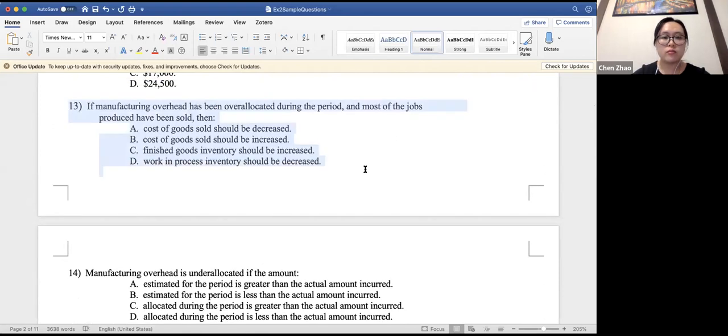So let's work on question 13 very quickly, okay? You can read this question, actually, I just asked this question, but let's look at it in question format.